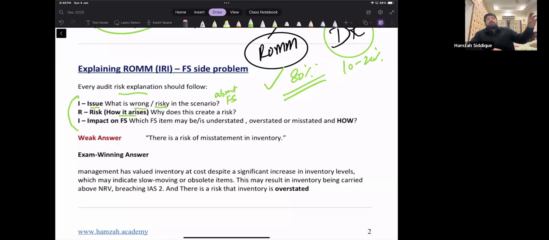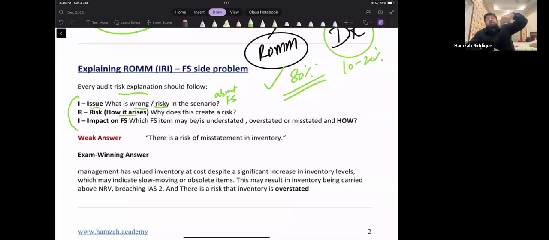For example, the company has faulty paints in stock at year end. So you have identified faulty paint; how is it a risk? It should be written down to the lower of cost and NRV. The risk is that they may not have done it. It may be held at cost, while its NRV may be lower than cost. This is the explanation of how this creates a risk.